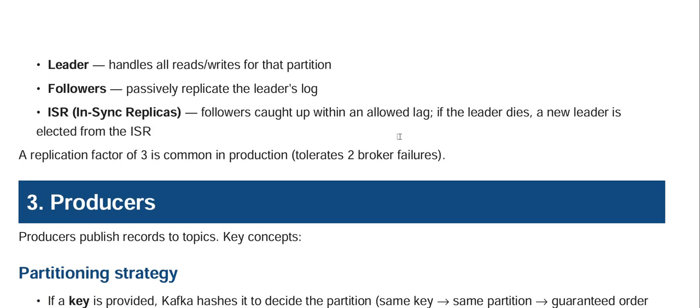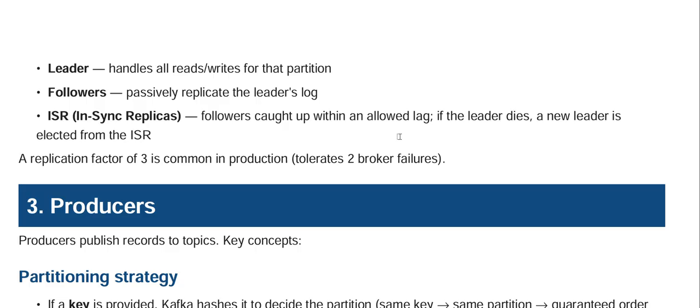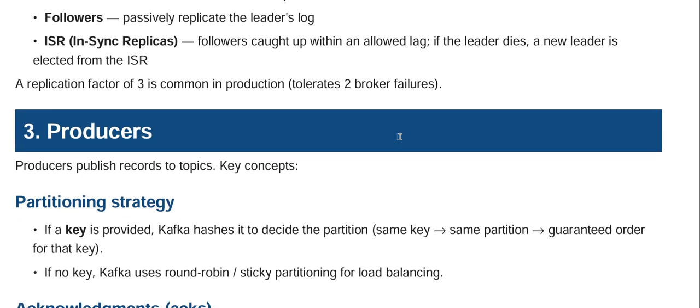Okay, so the producer publishes requests to the topic. Key concept: partitioning strategy. If the key is provided, Kafka hashes it to decide the partition: same key, same partition, and guaranteed order for that key. If there is no key, Kafka uses round robin across partitions for load balancing.